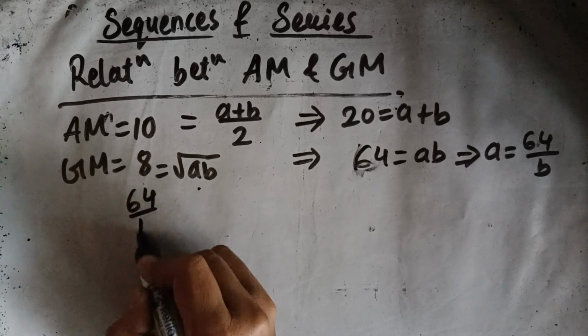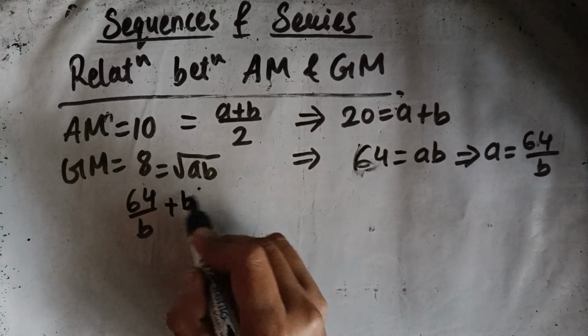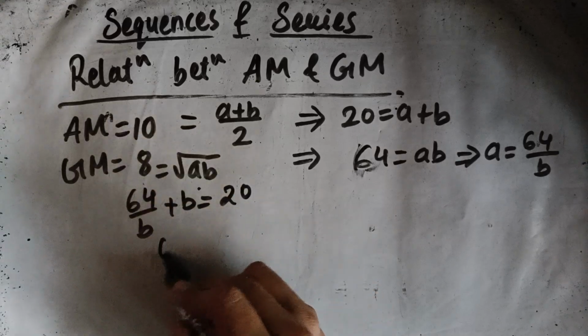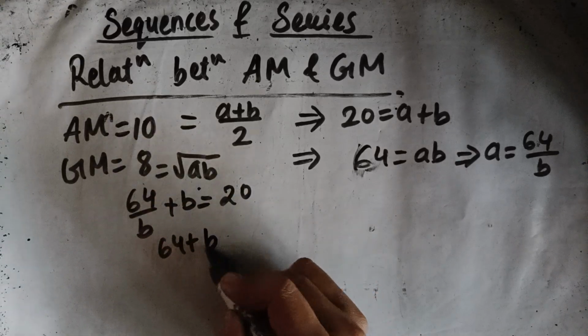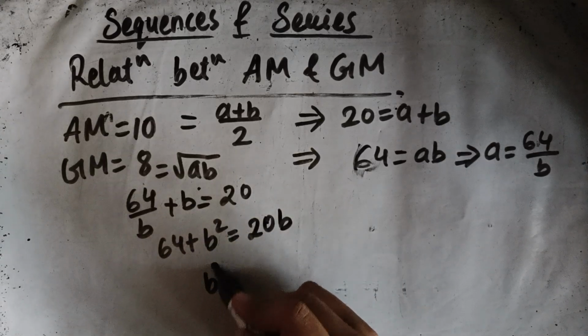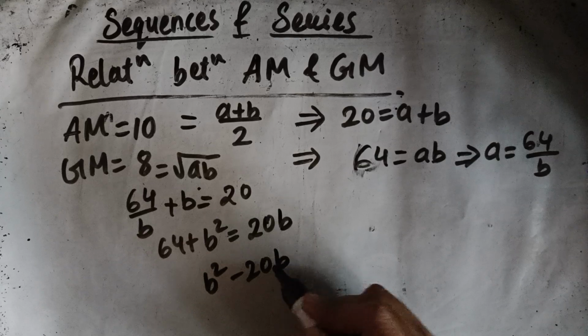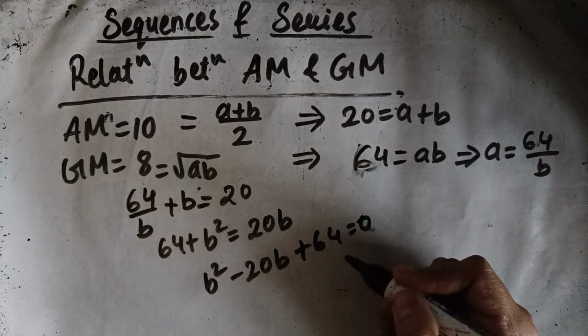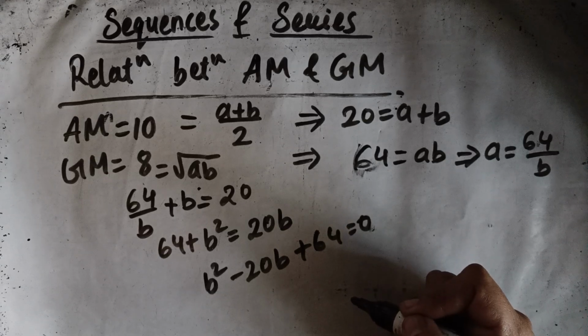So 64 upon b plus b equals 20, so b squared minus 20b plus 64 equals 0. You can solve this equation.